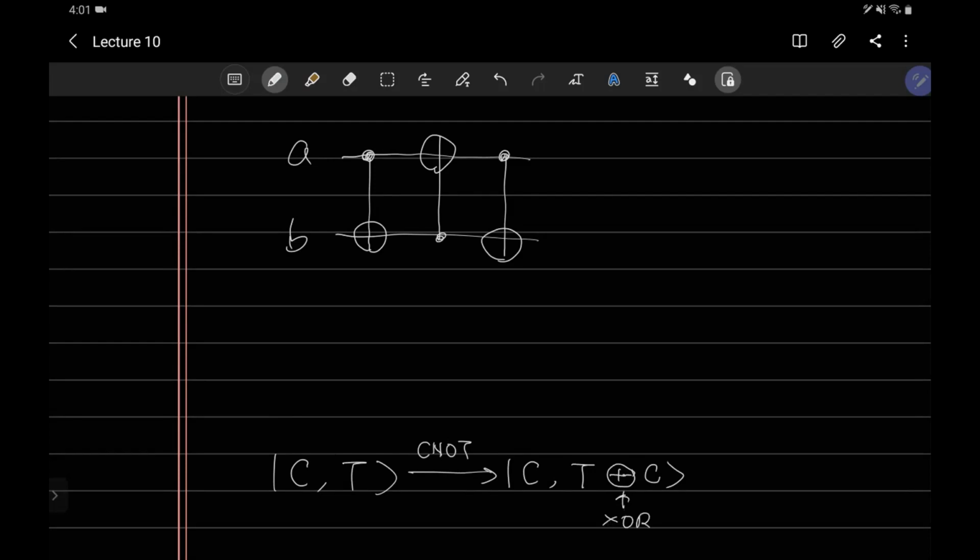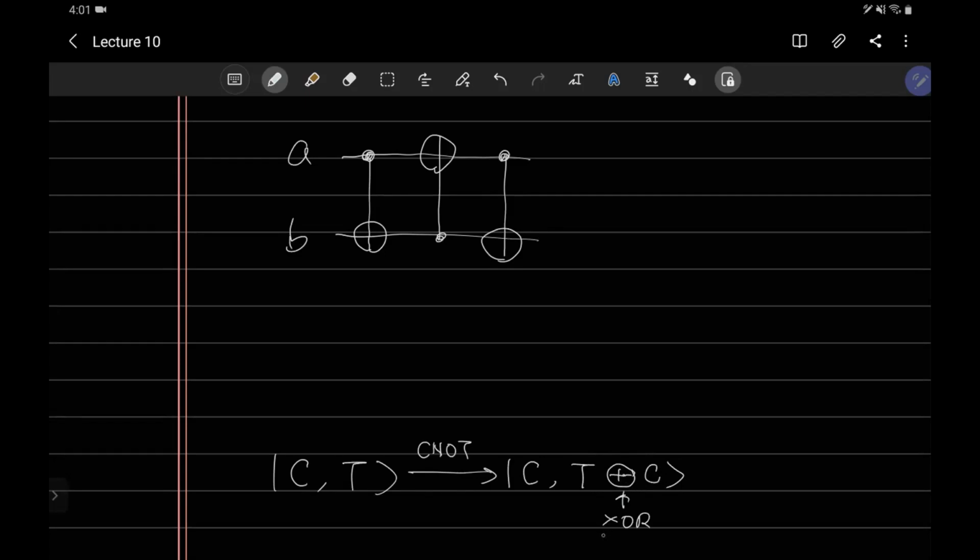If you are not familiar with the notation, XOR means that if the two values are the same, then the result of the XOR gate is 0, while if only one of them is 1 and the other is 0, then the result is 1.